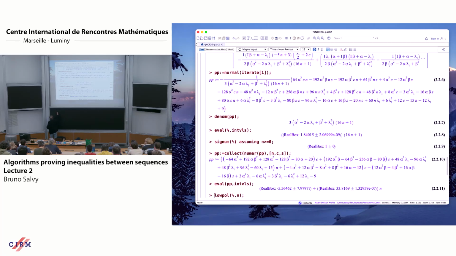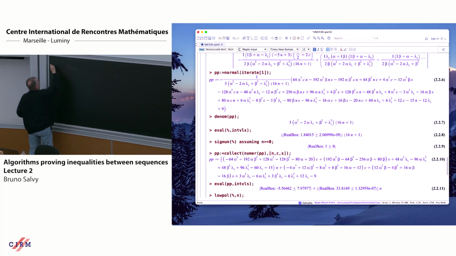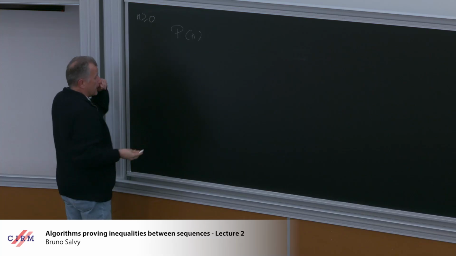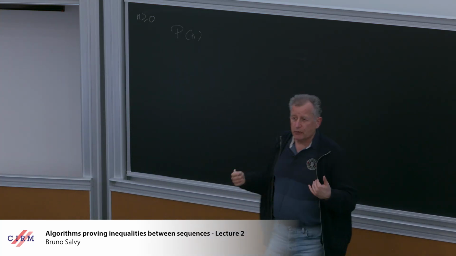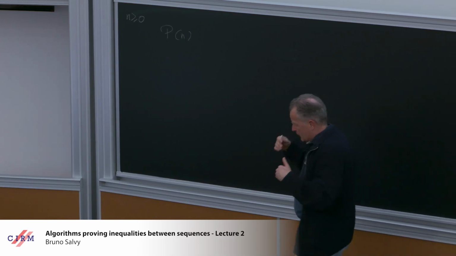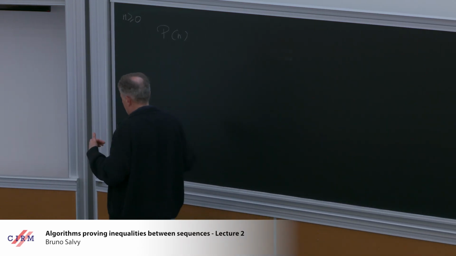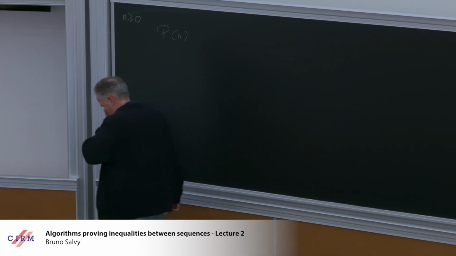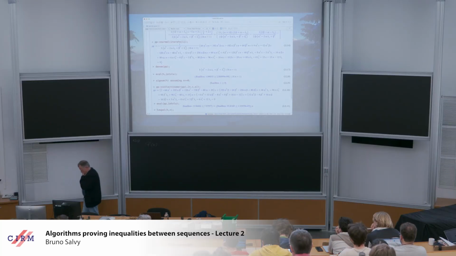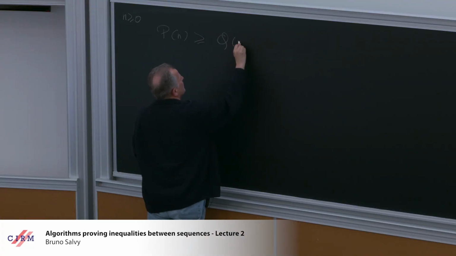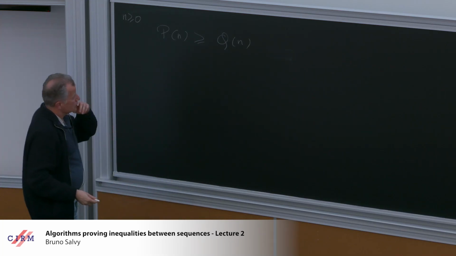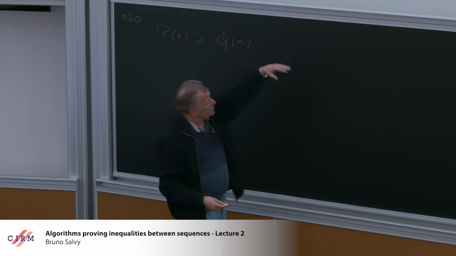I have this polynomial. Remember, I'm always interested in n positive. What I do is that I will lower bound all the coefficients. So I will take the smallest part of them.